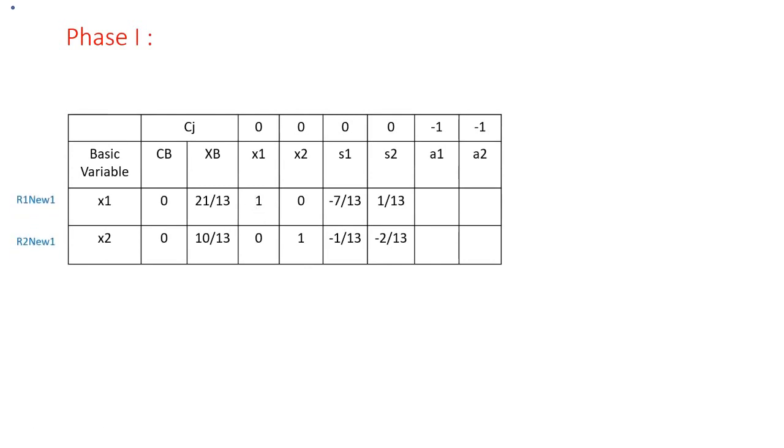So I am considering R1 new 1, R2 new 1. For this row, 13 by 7 multiplied by 7 by 13 gives 1.